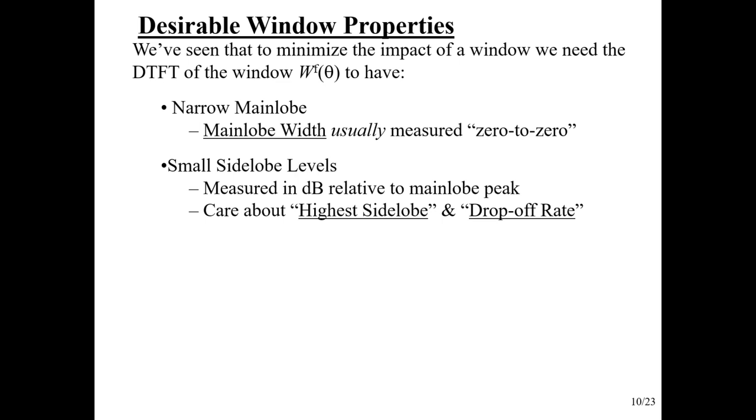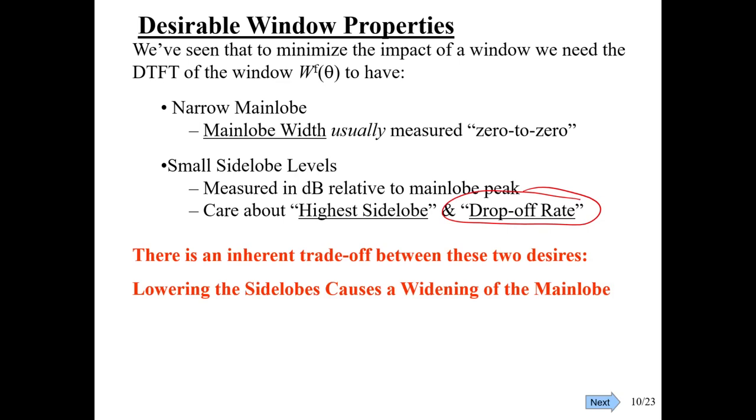There's a few weird window shapes where the highest side lobe is not the closest one to the main lobe. So the highest side lobe, and then how fast do they drop off as we move further from the main lobe? And it turns out that these two things exist in a trade-off.